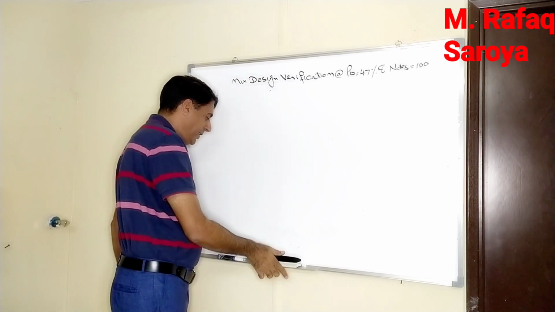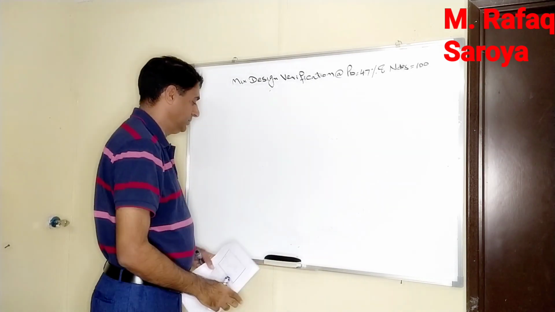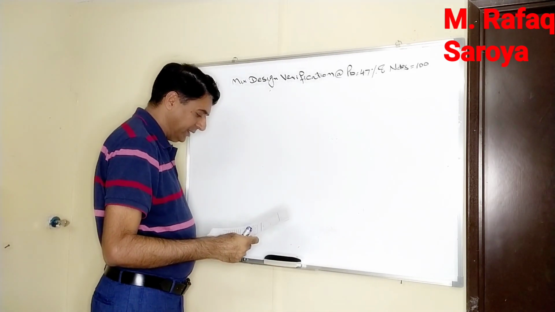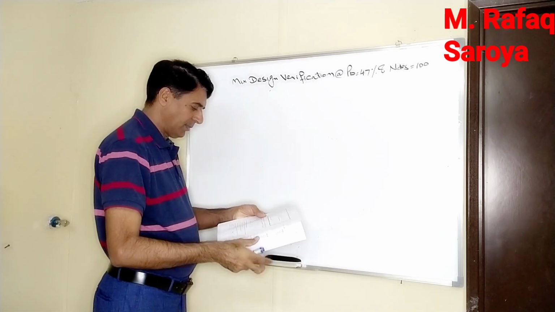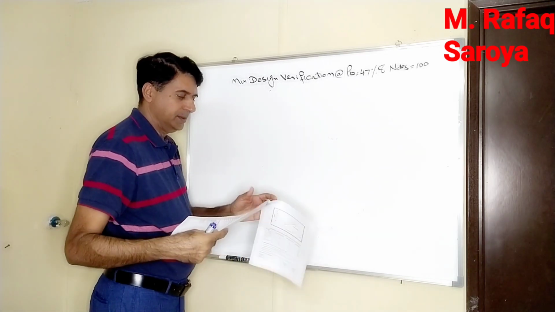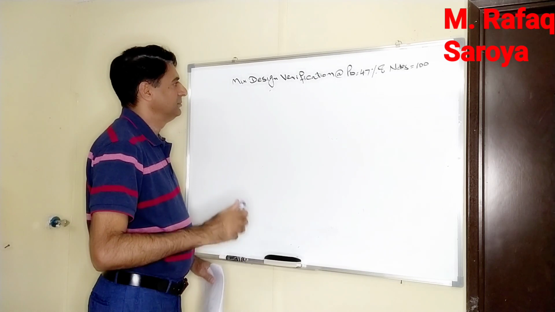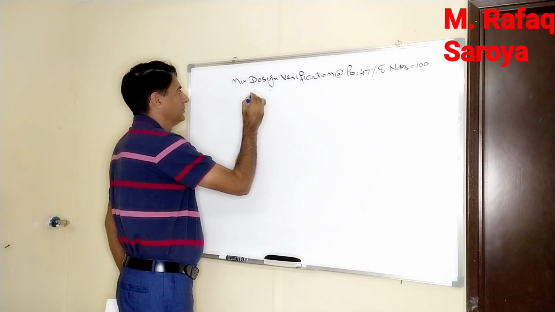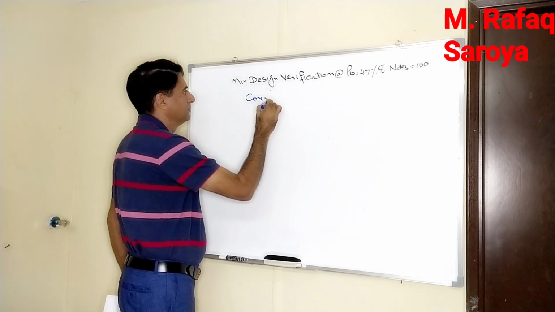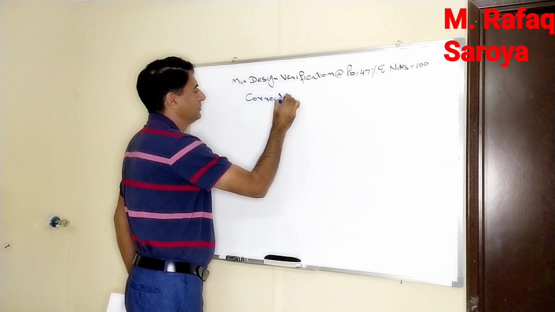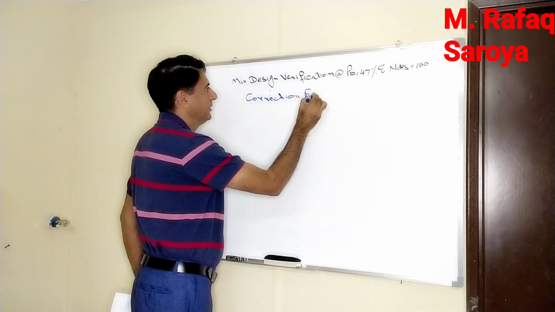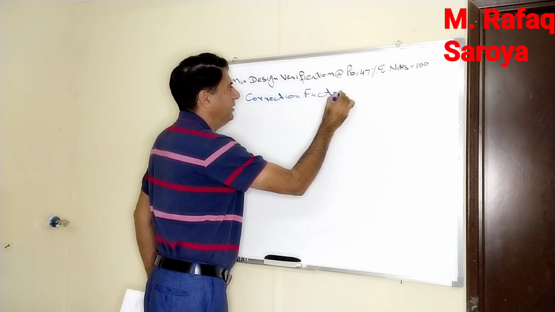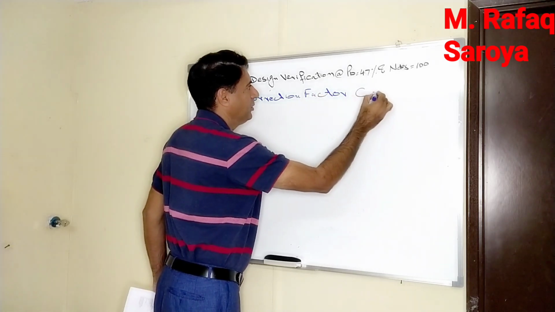Like the first value which I have already told you, this value is our correction factor. When this value is calculated, it is equal to 0.92.